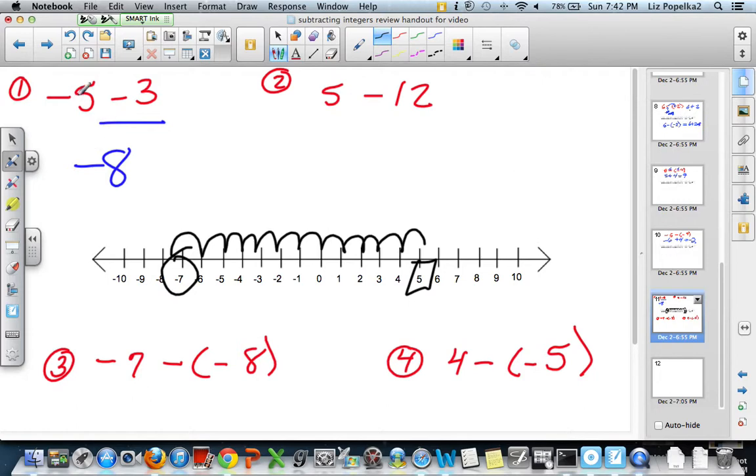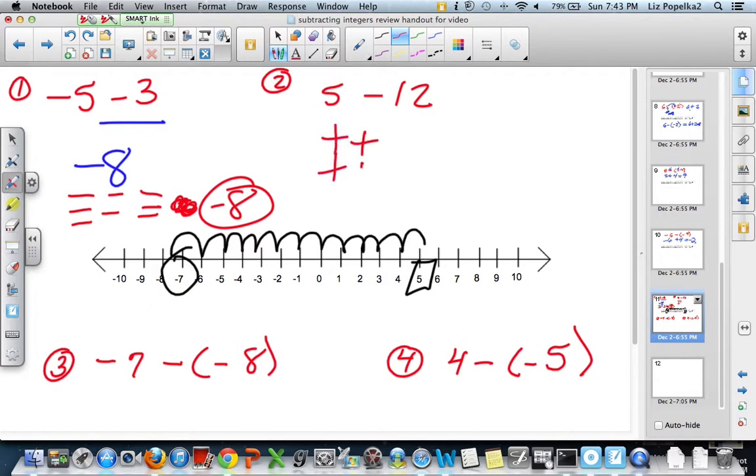In both of these cases, this is the same answer you would have gotten using a chip model if I had used, in this case, a negative 5 and then combined it with a negative 3. Negative 5 plus a negative 3 does give me a negative 8. Let me get rid of that equal sign. Here, if I have a positive 5, and then this is really a negative 12. 1, 2, 3, 4, 5, 6. 1, 2, 3, 4, 5, 6.